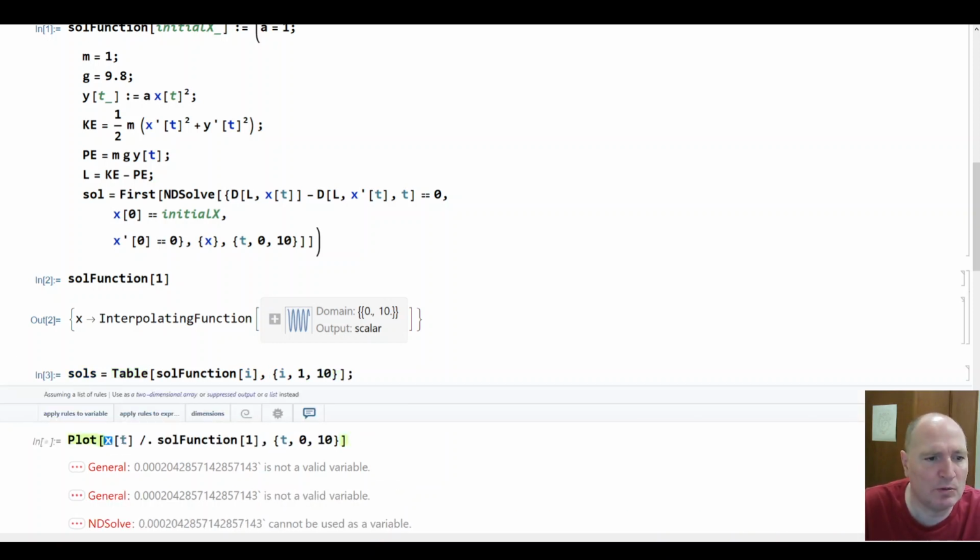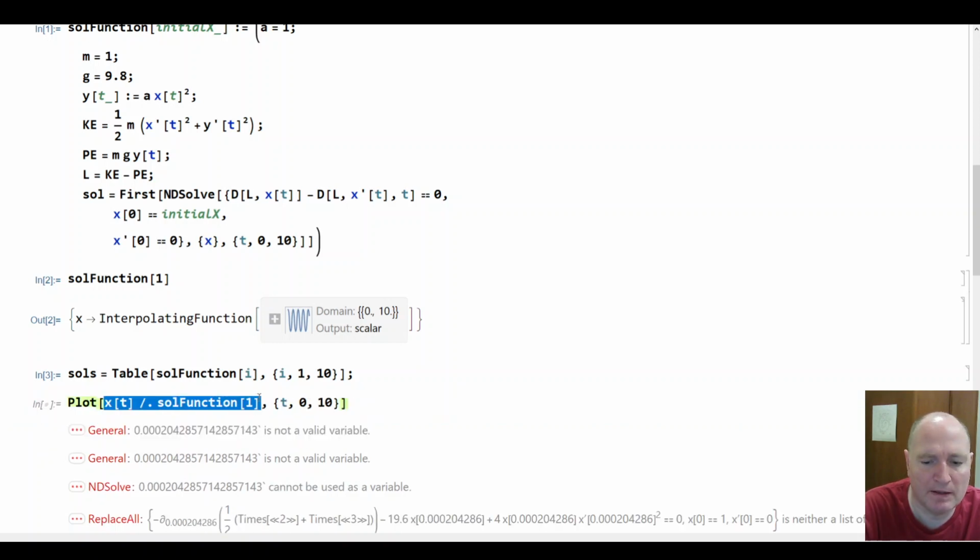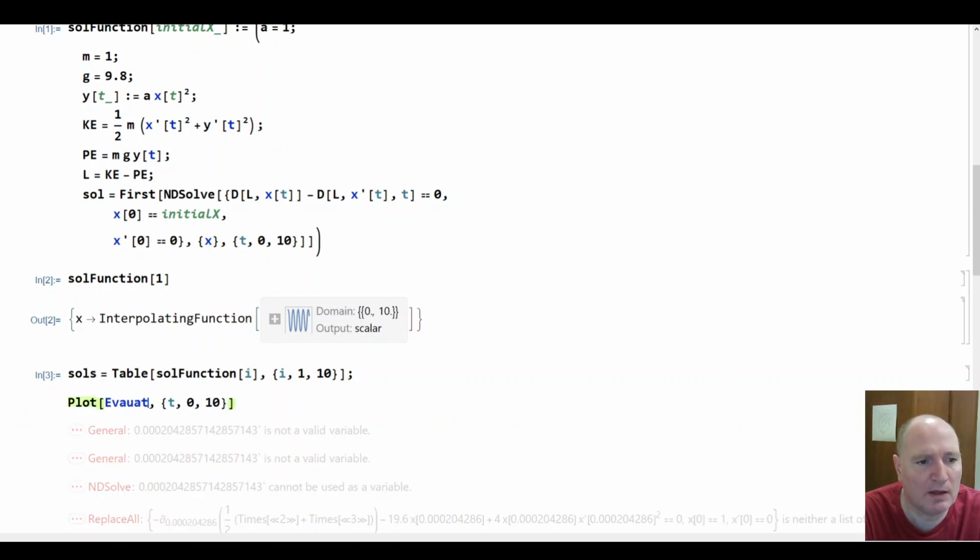Now let me evaluate, so they're different colors, x of t slash dot sols i as i goes to the length of sols. There's a better way to do that, but that'll work. Oops, I need a table in here. Let's try that.